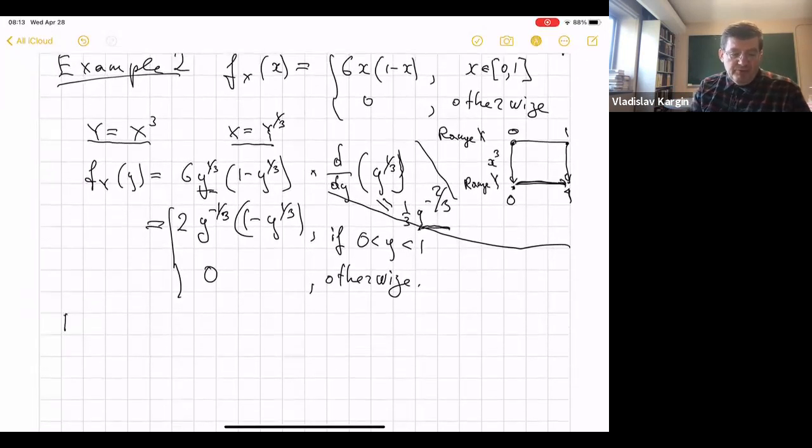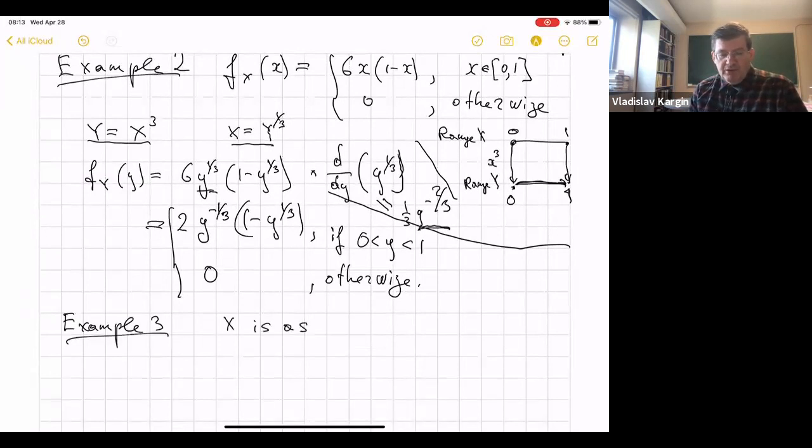So example 3: say x is a standard exponential random variable, and we are looking at y equal to the square root of x.